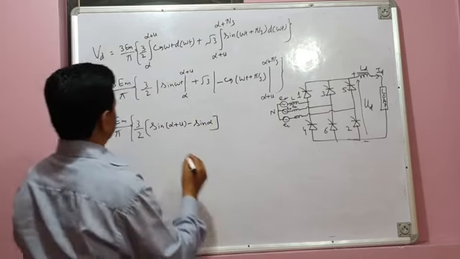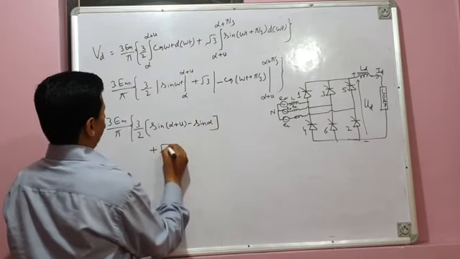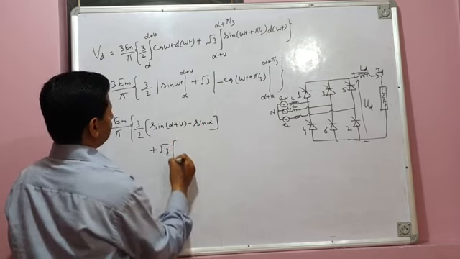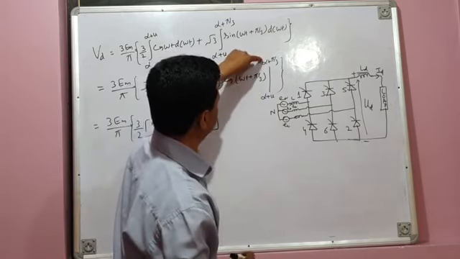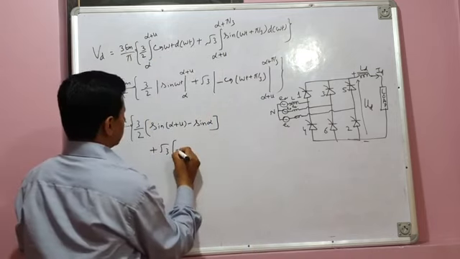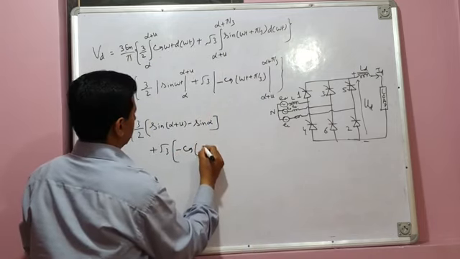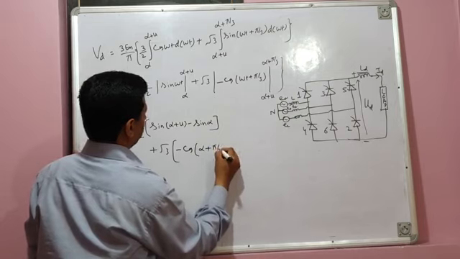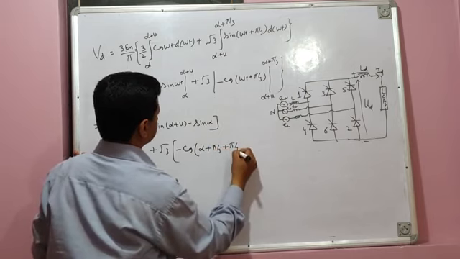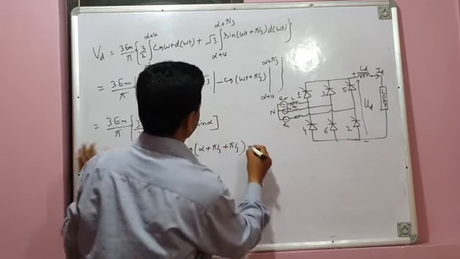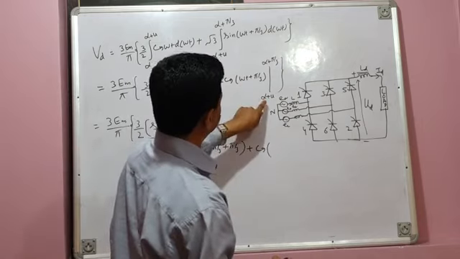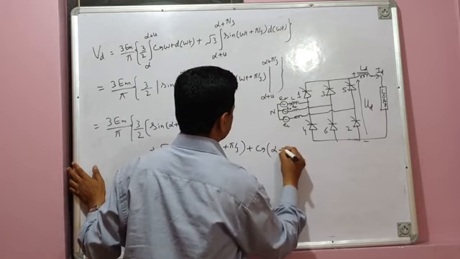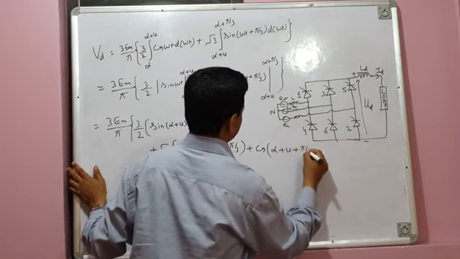Now the second integral is plus root 3 times minus cos of omega t plus pi by 3. Here omega t is alpha plus pi by 3, so this is minus cos of alpha plus pi by 3 plus pi by 3. Then minus minus plus cos of omega t, where omega t here is alpha plus u, so it is alpha plus u plus pi by 3.